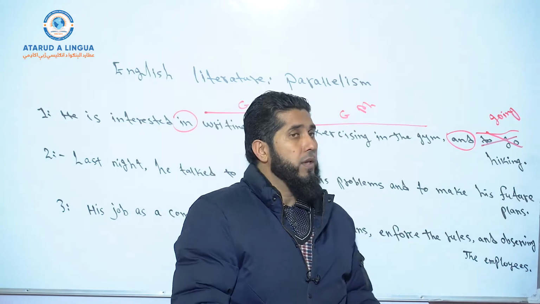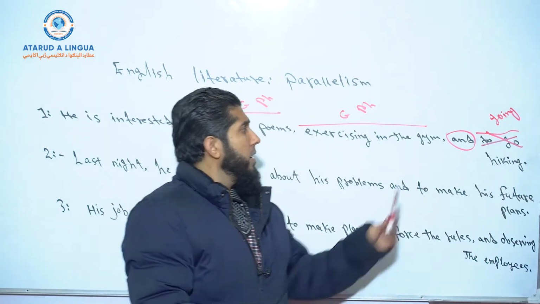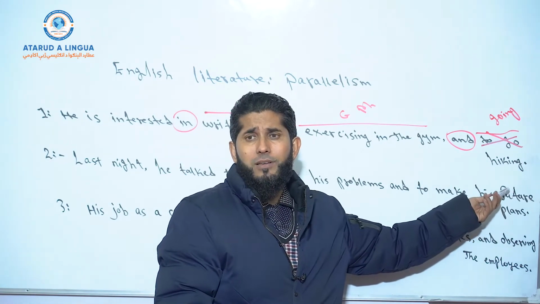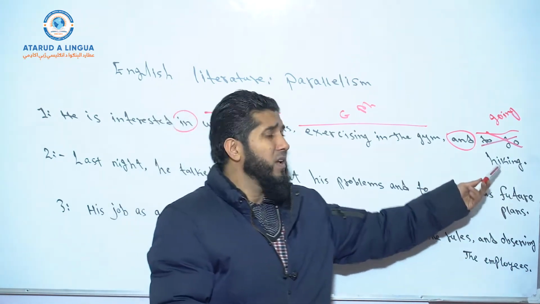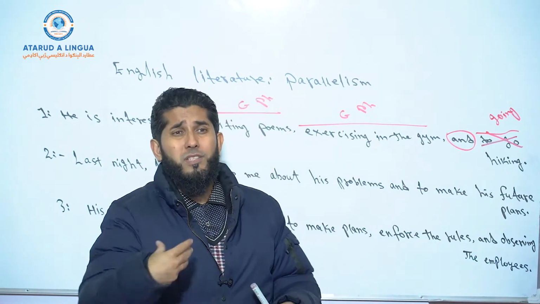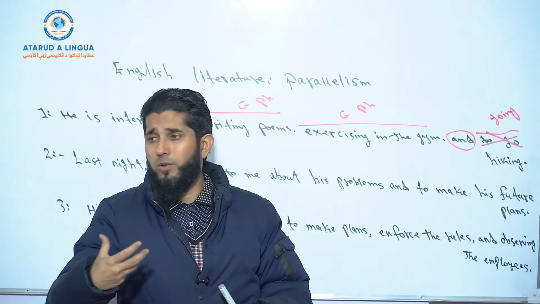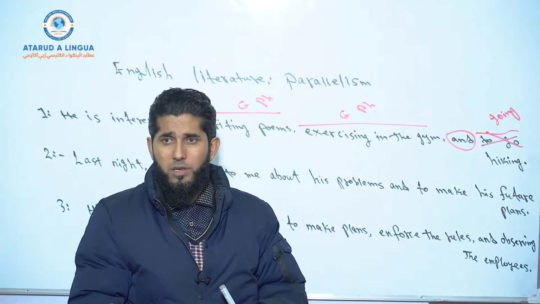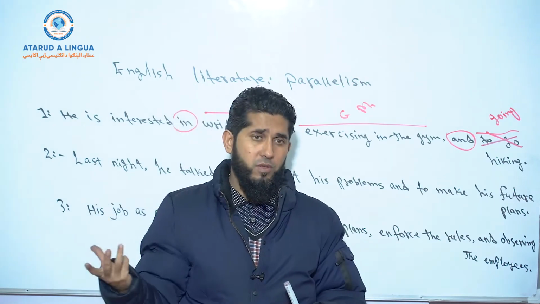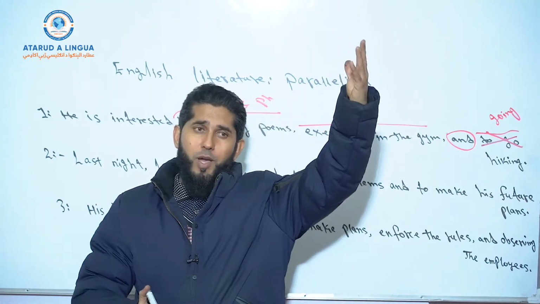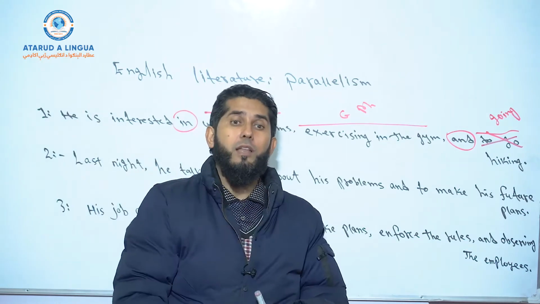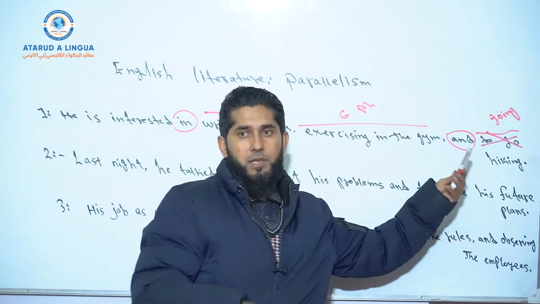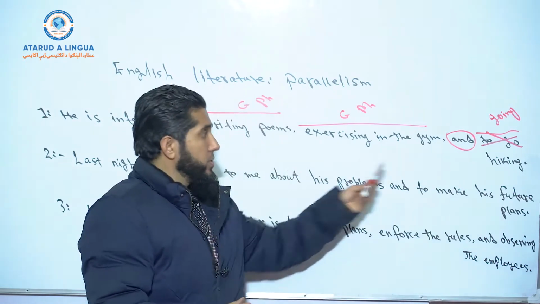Or just "in hiking," that's all. Hiking itself is a gerund, okay? Or for example, hiking once a week, or hiking once a month, or hiking in those mountains. So you may add something else in order to make it a phrase, okay? So now it's correct, okay?